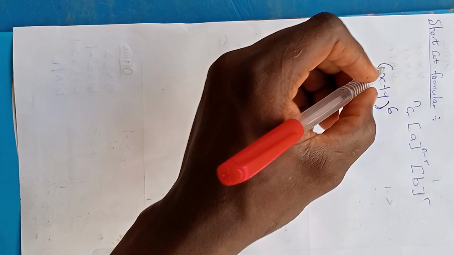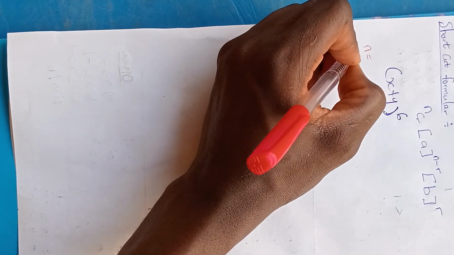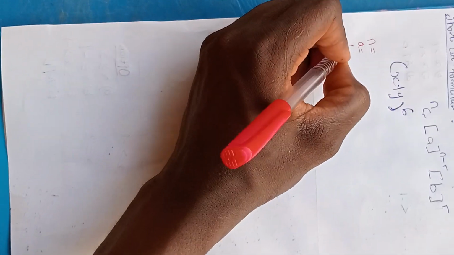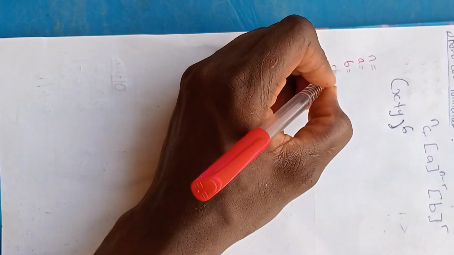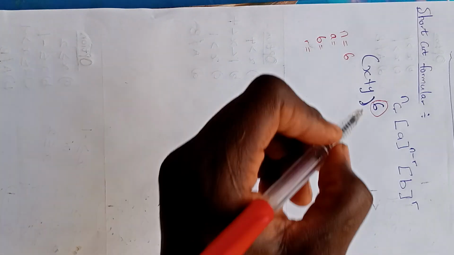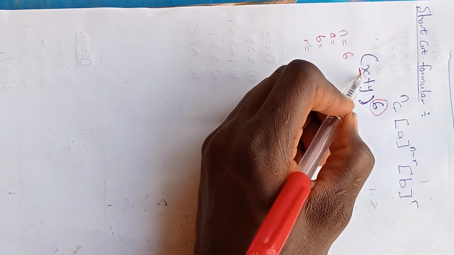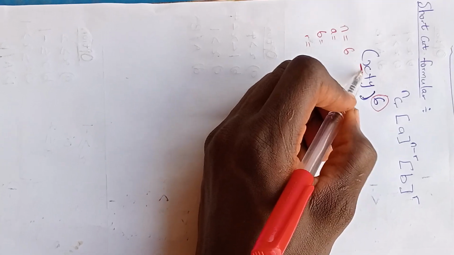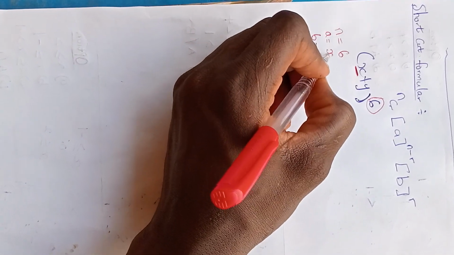The components of this type of question are n, a, b, and r. The n is the power of your question. So in this question, n is 6, while a is the first variable you can see in the bracket, in this case x.